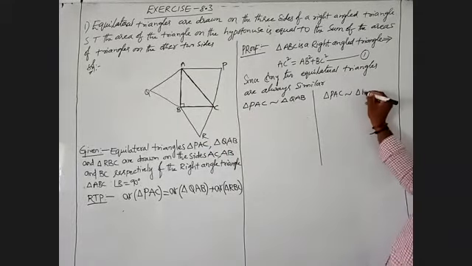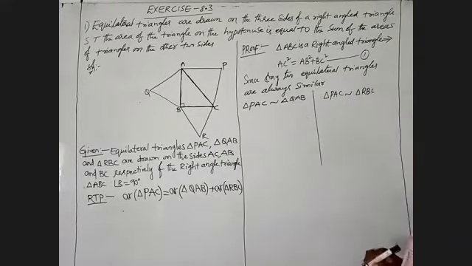We have to write the areas of similar triangles theorem. What is the areas of similar triangles theorem? The ratio of areas of two similar triangles is equal to the ratio of the squares of their corresponding sides.